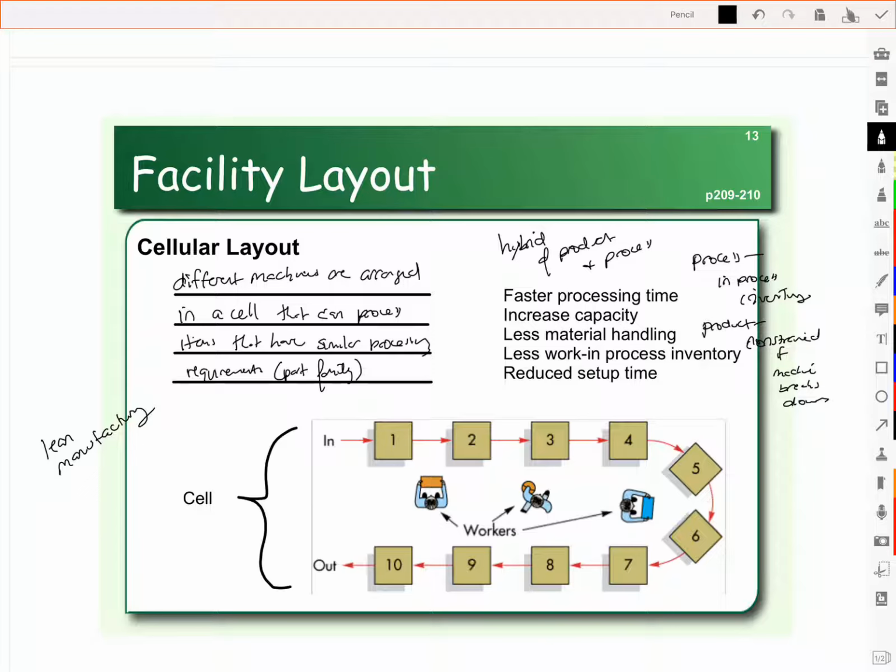Lean manufacturing and just-in-time are often grouped together so that we reduce the waste. So it's often paired with quality management. And the idea here is to lower the costs, lower the waste, and increase your production or your output.